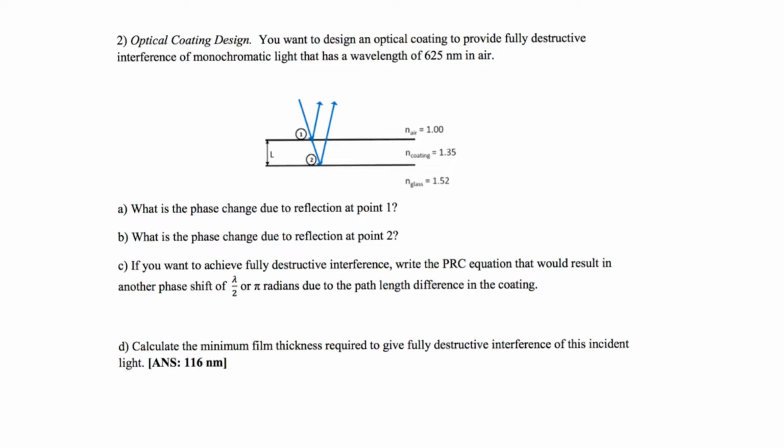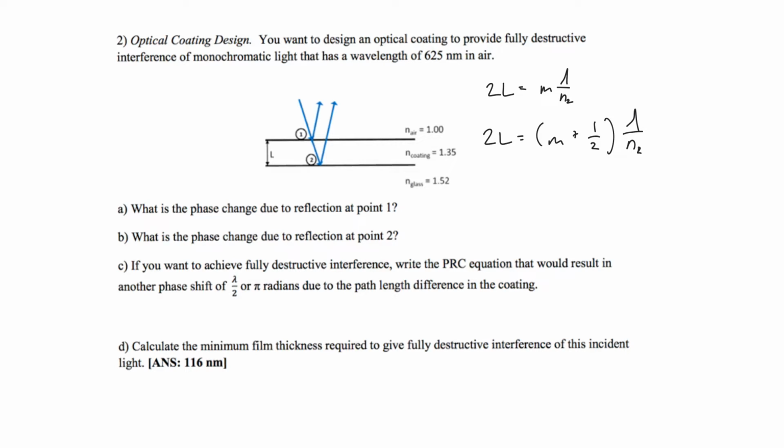So we have our two thin film interference equations. And we have to choose the right one based on what's happening with the reflections and which interference pattern we want.